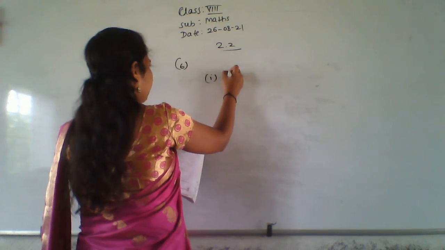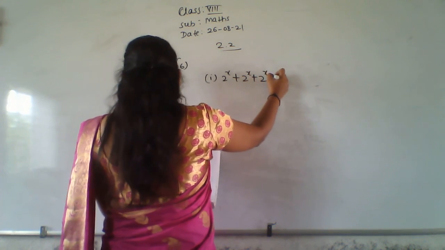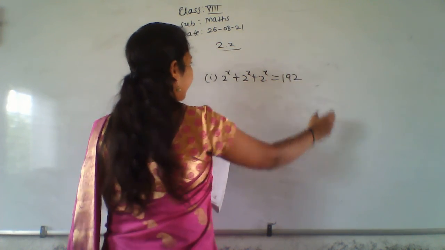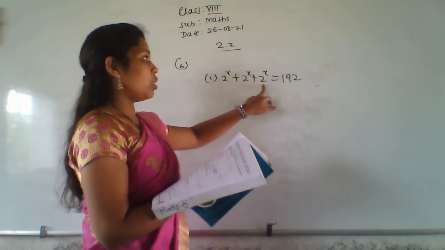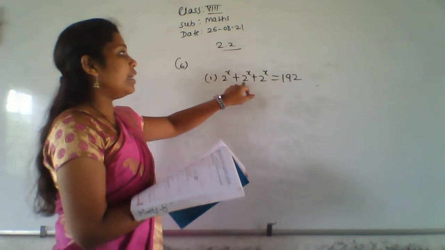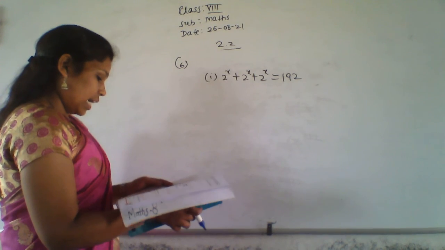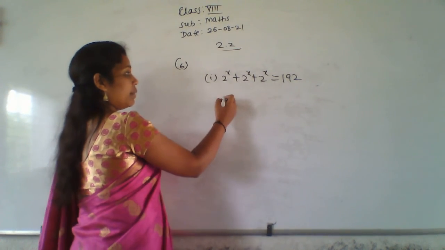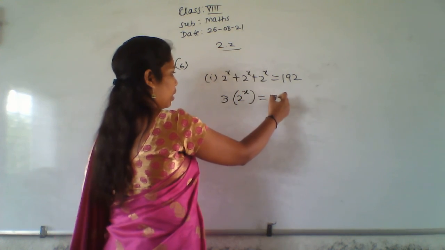First one: 2 to the power x plus 2 to the power x plus 2 to the power x is equal to 192 here. See here, how many times here is 2 to the power x there? That is nothing but 3 times, right? 3 times 2 to the power x is equal to 192.